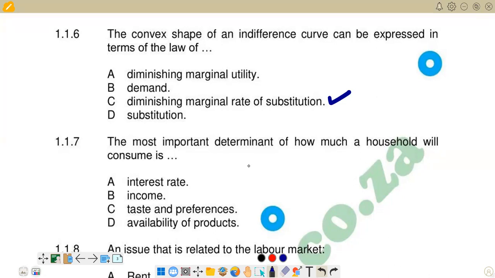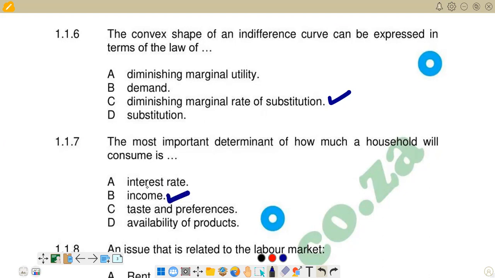But if you look at income, income becomes one of the primary determinants of how much a household will consume, because if income increases, obviously it is going to have a more direct impact in determining how much a household will consume. So we have B as the most appropriate. Also, of course, we've got tastes and preferences.